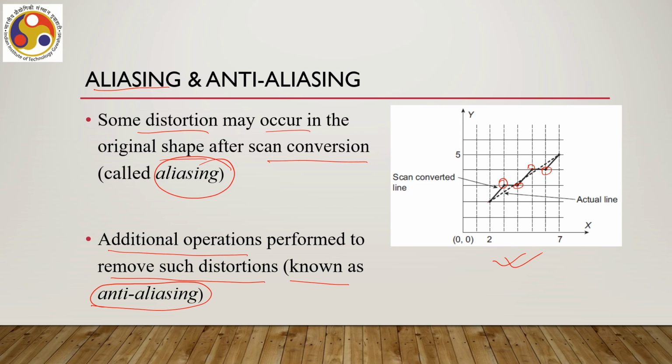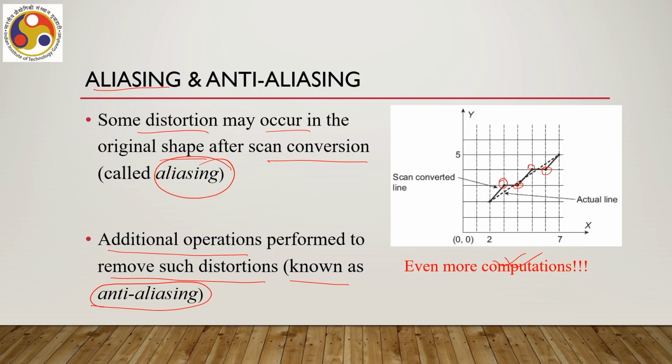If we do not do anything, then aliasing may lead to distortion, which will be visible with change in resolution, and that will certainly reduce the quality of experience. So, anti-aliasing is essential, and it introduces even more computations to the overall computation of pixel intensities along with the other stages.